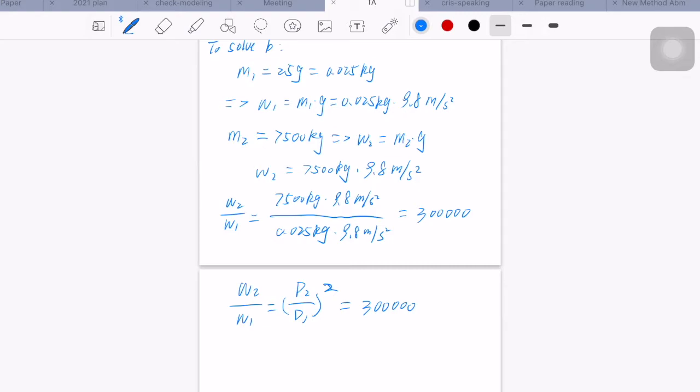That means the ratio of D2 over D1 should be equal to the square root of 300,000.